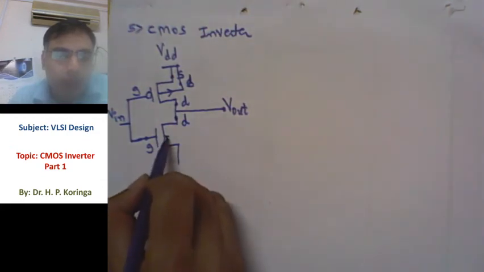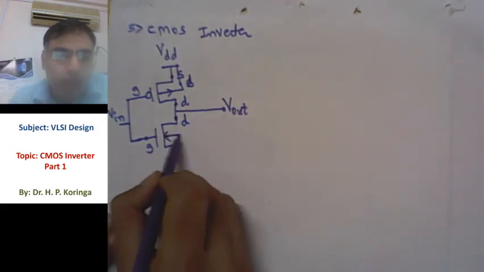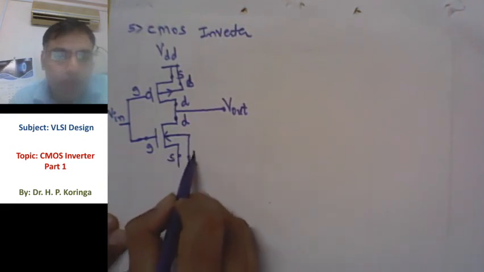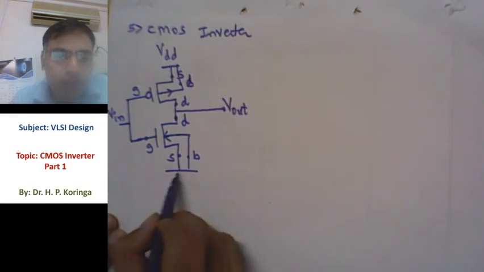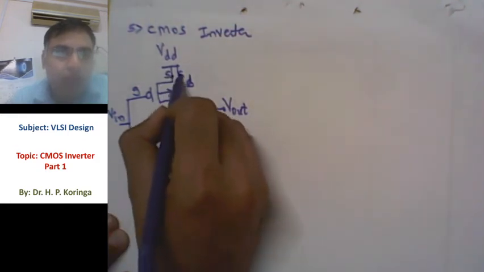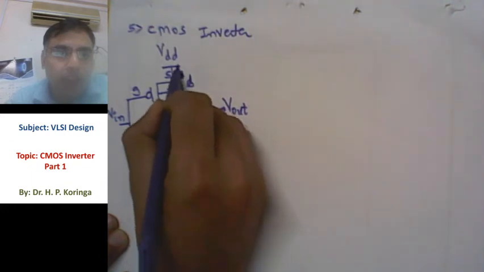The bulk terminal and the source terminal of the NMOS connect with the ground, and the source terminal and the bulk terminal of the PMOS are connected at VDD.